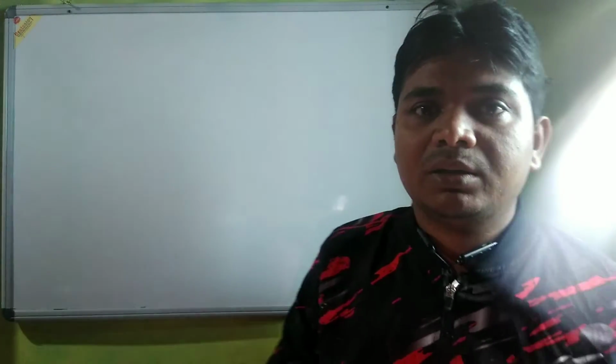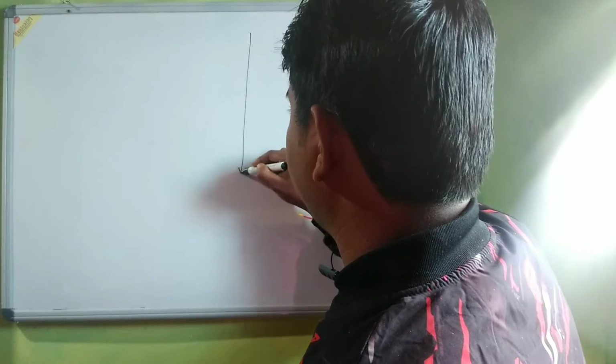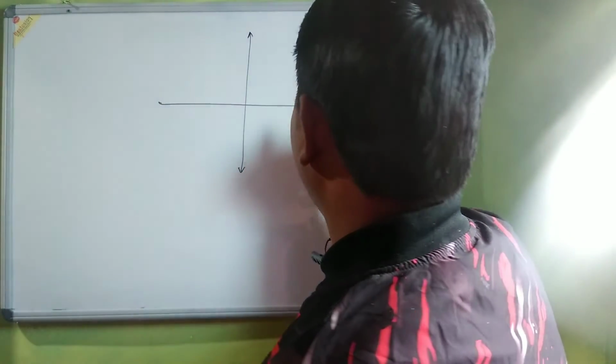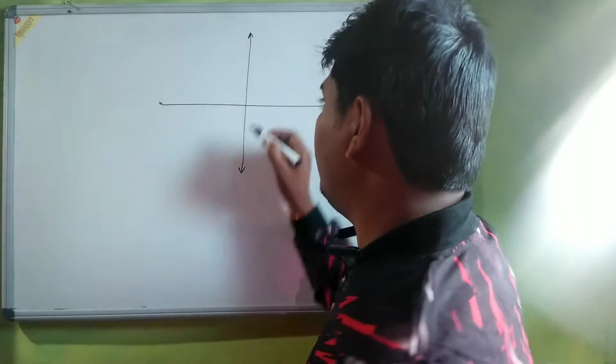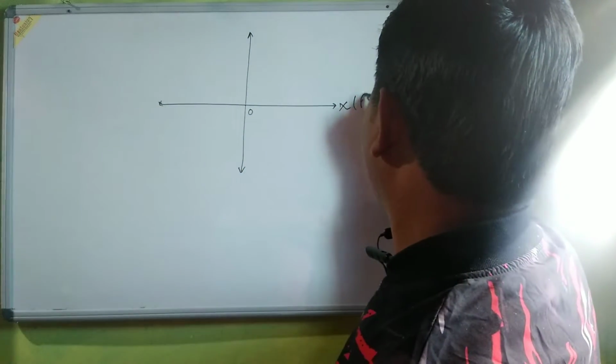We have to take two lines, one horizontal and the second one vertical. The vertical line is known as the y-axis and the horizontal line is the x-axis. Where they intersect is the origin, denoted by O, and it is real.